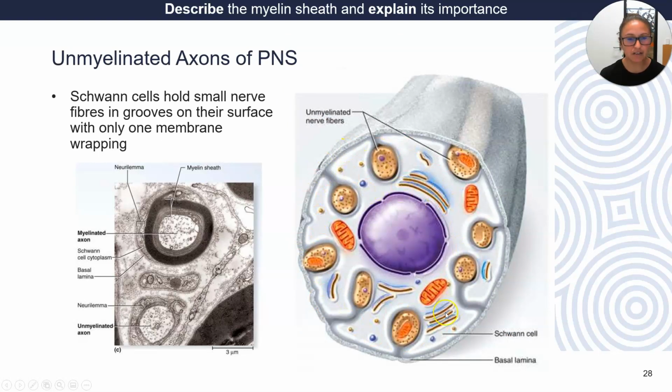This is in the peripheral nervous system, and here we have, so it's a bit misleading because sometimes people term these axons as being unmyelinated, but the fact of the matter is that here is the axon. So it kind of does have a little bit of myelin, okay? But even though this kind of setup is called unmyelinated, I know it's confusing, yeah?